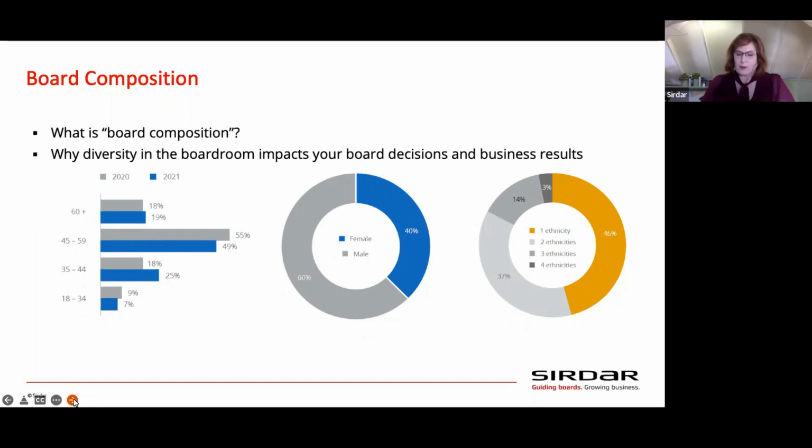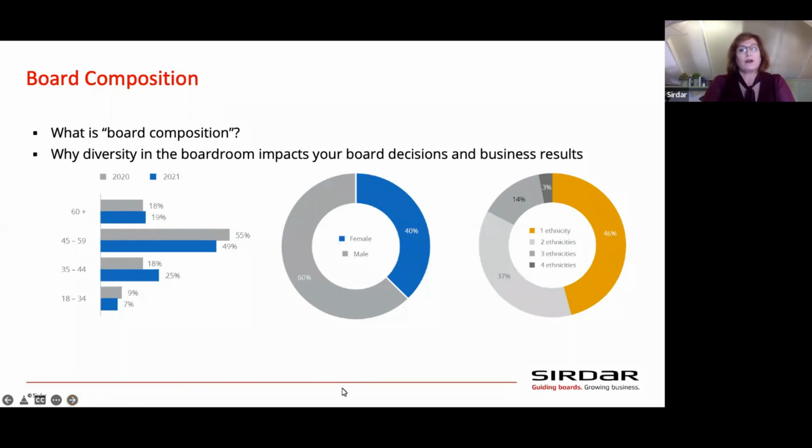And the same thing applies: if you're looking at the impact on business, boards with greater ethnic diversity report higher EBITDA once again than the year before, and a far more positive overall board impact on the business. So those are three very interesting points, and the changes that we have seen throughout this time.